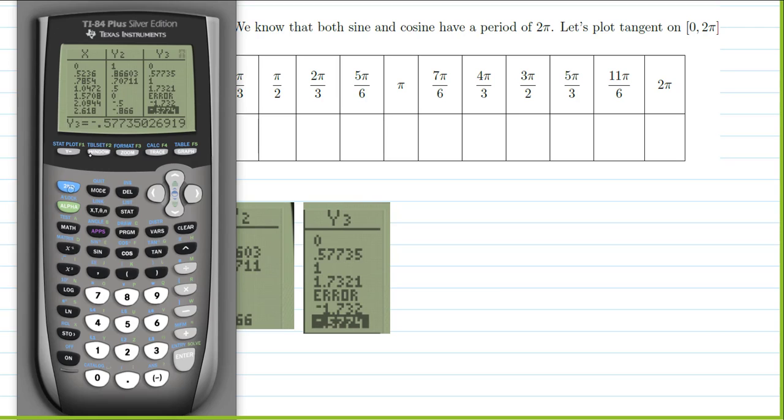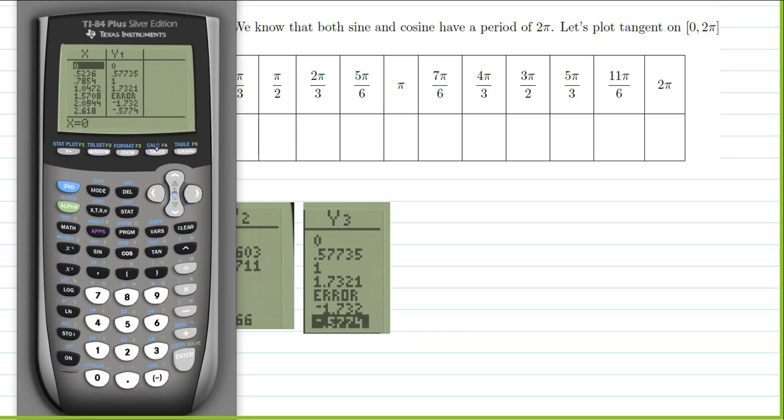So to speed up our process now, let's put our table on ask, but get rid of all of this and just calculate the tangent directly. So if we just go tan and x, oops, didn't want a graph, but that's okay. Table.